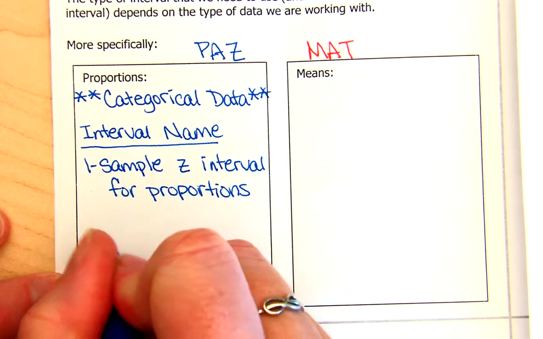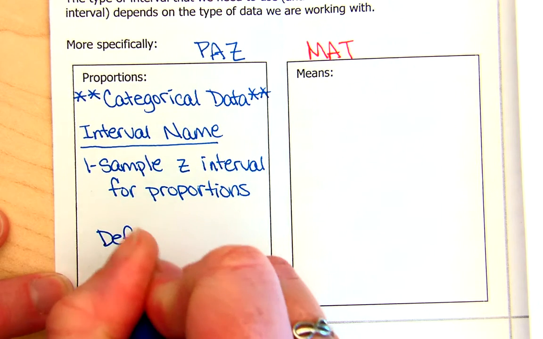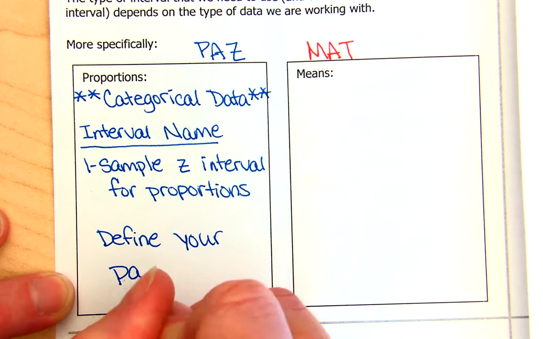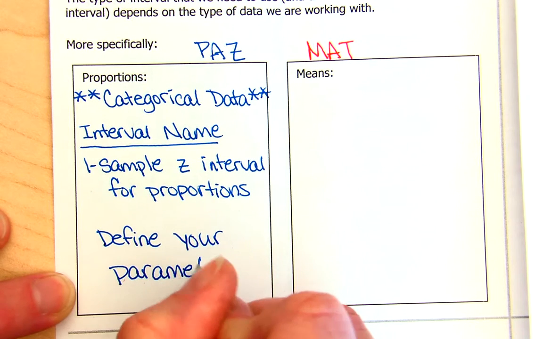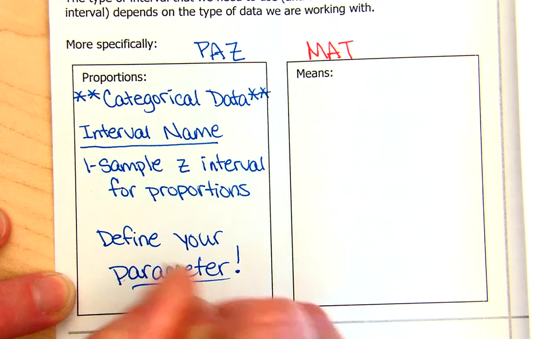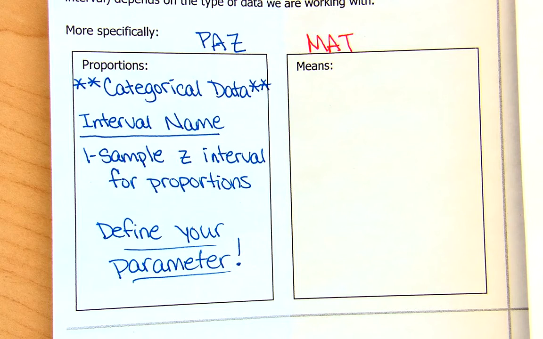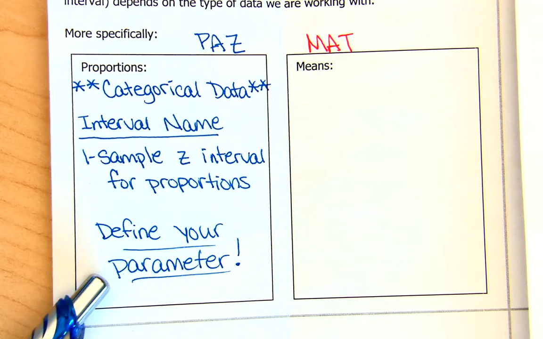And then always don't forget to define your parameter. I always try to tell you guys when it's one of those things that people miss often. This is probably the most commonly missed thing on confidence intervals, is defining the parameter.